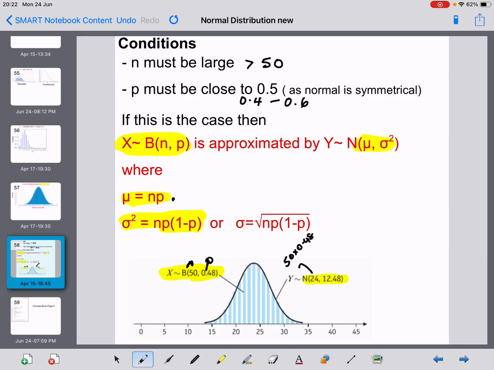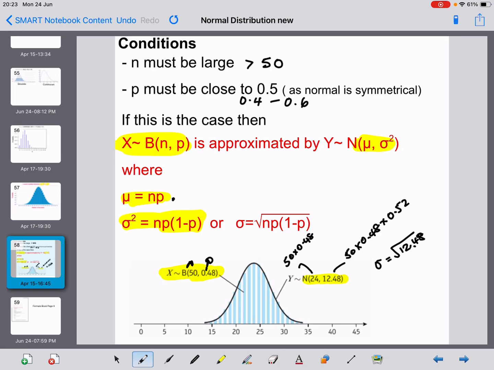The 12.48, which is the variance, is 50 times 0.48 times 1 minus 0.48, which is 0.52. Sigma, being the square root of that, is about 3.5-ish.